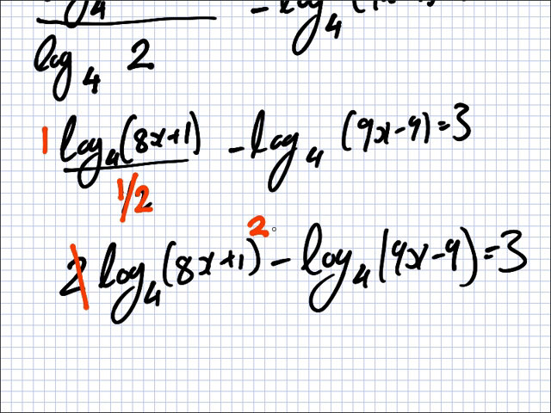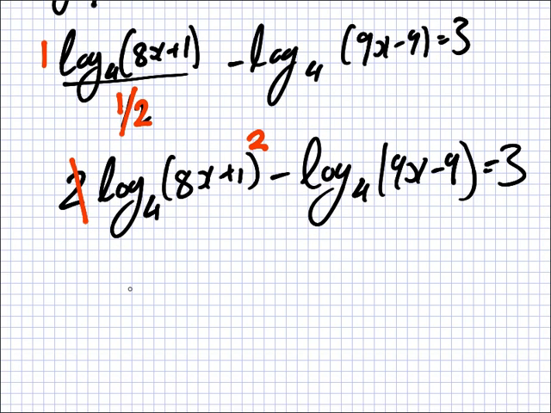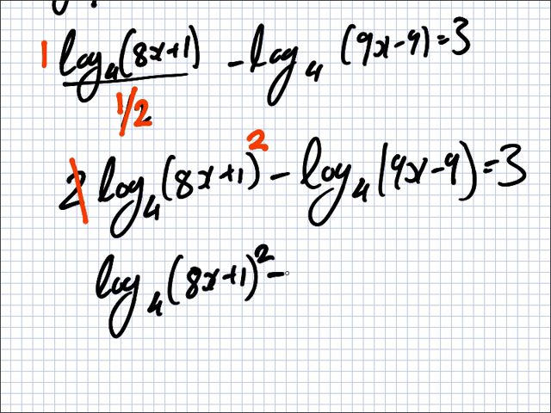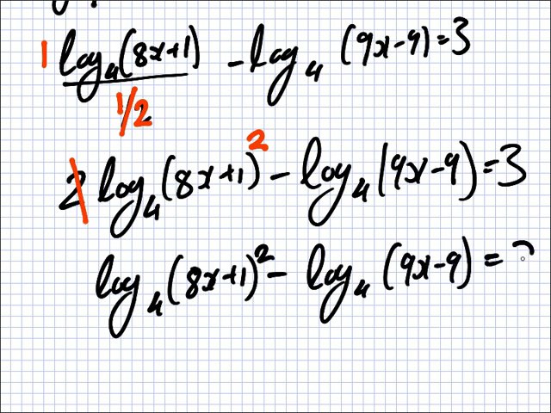Right. So, now we have this: log base 4 of (8x plus 1) squared, minus log base 4 of (9x minus 9), equals 3. Now I can use my rule, the rule that says log A minus log B equals, what's it equal?